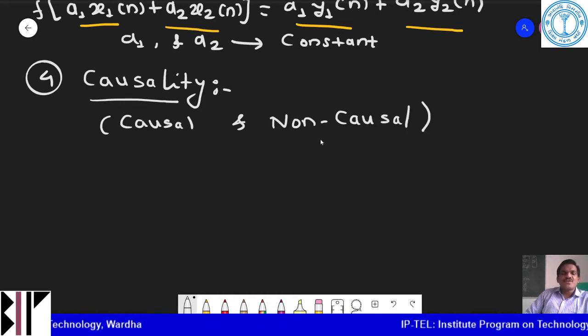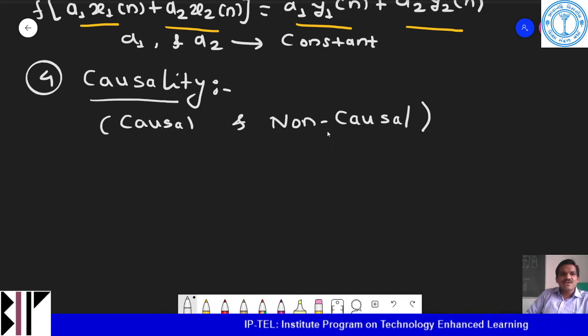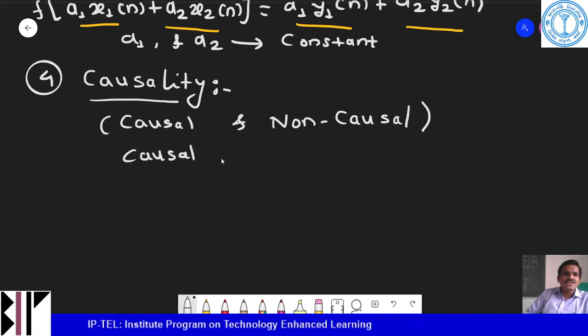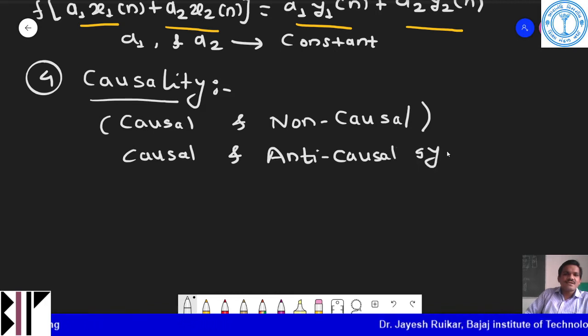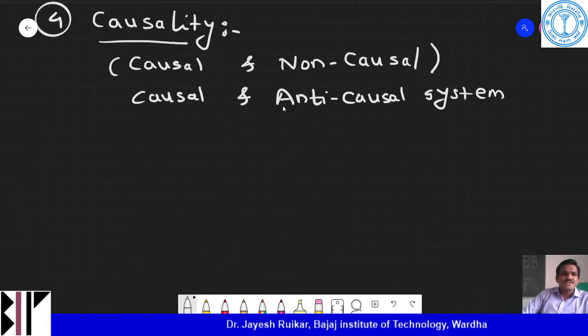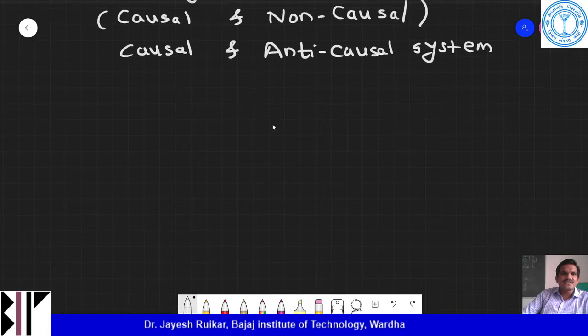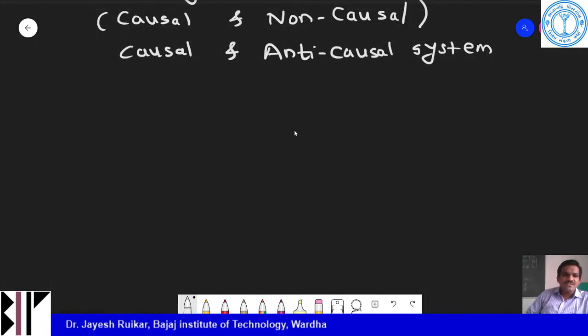This non-causal is also called anti-causal, so it is causal or anti-causal, or you can say causal or non-causal system. Let us see the definition first.